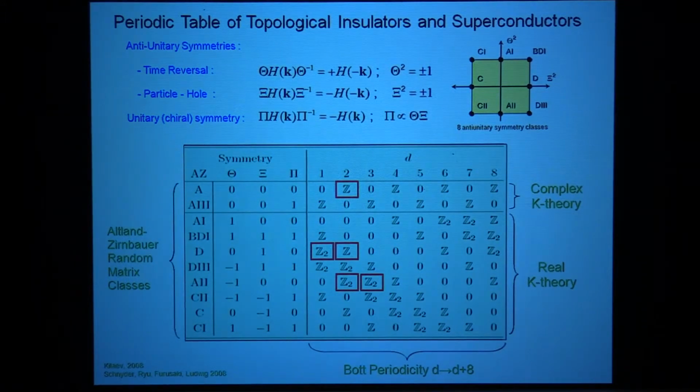Yes? How many of the possibilities in this table have been realized? Well, it depends what you mean by realized. There's realized in theory and there's realized in experiment. Let's see.